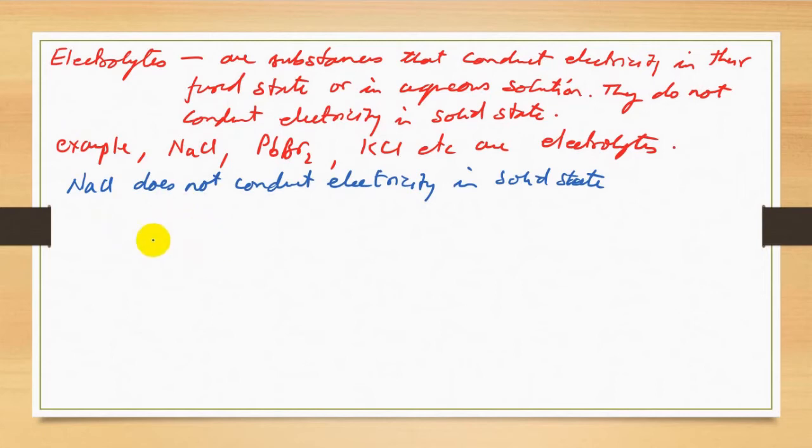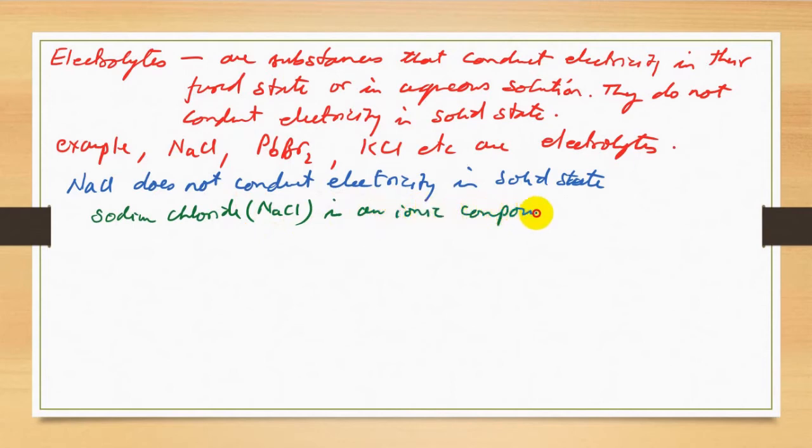NaCl, sodium chloride, is an ionic compound. An ionic compound you have already studied.